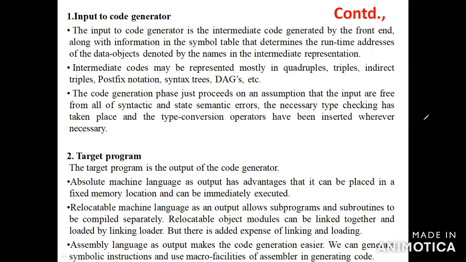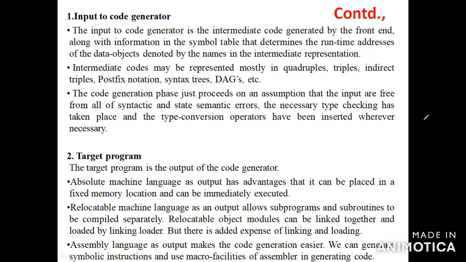These data objects are denoted by the names in the intermediate representation. The code generation phase takes the intermediate code as the input. This is the first point.